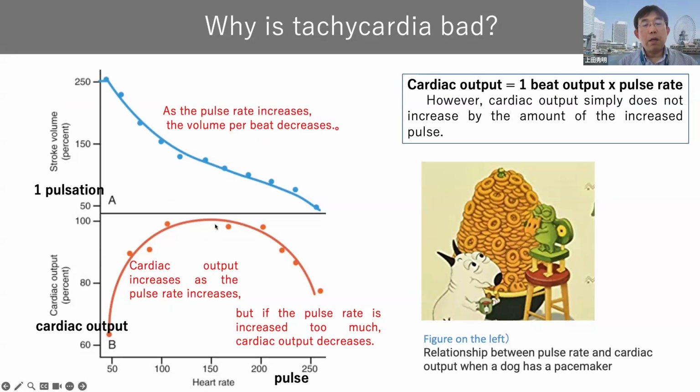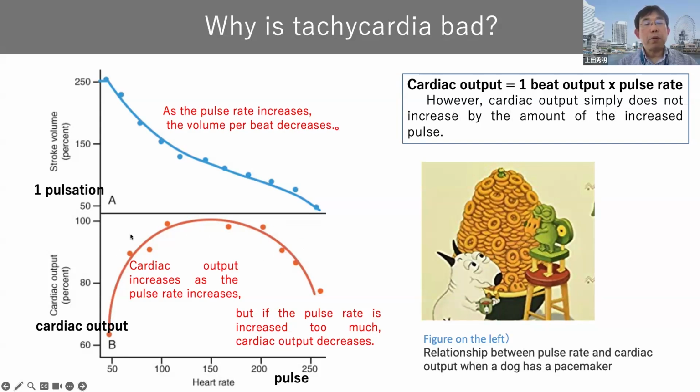But once it reaches the maximum cardiac output, even if the heart rate increases further, the cardiac output gradually decreases. So if the heart rate is increased too much, the cardiac output will decrease.